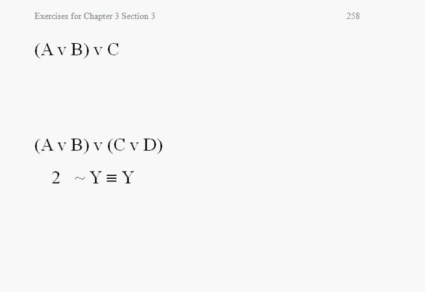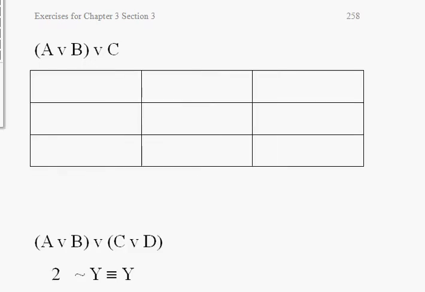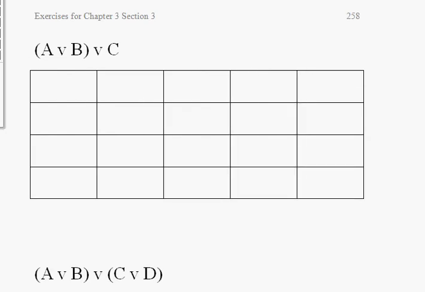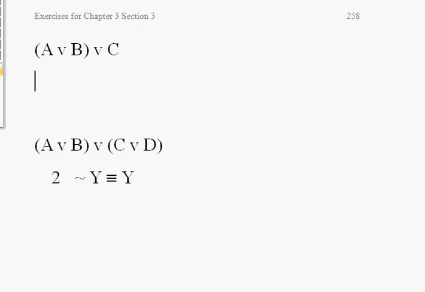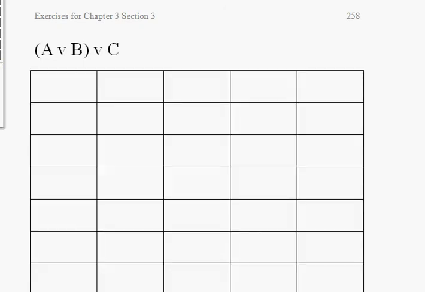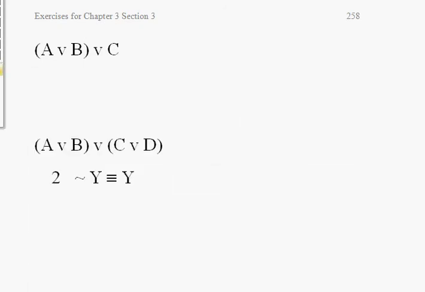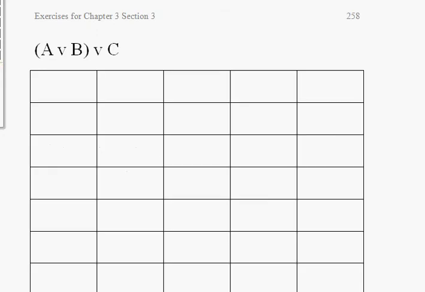Now in this case, we're going to need 8 lines. So we can go ahead and insert ourselves a table. We're going to need it to be 5 wide, and one more. Well, that's fine.